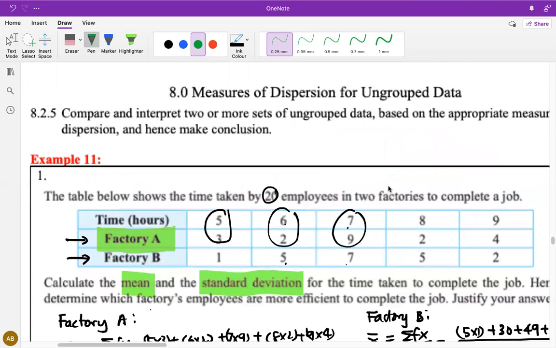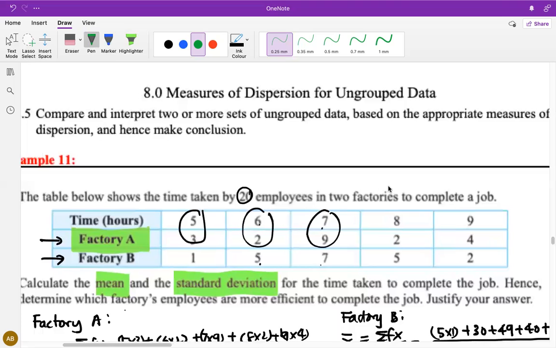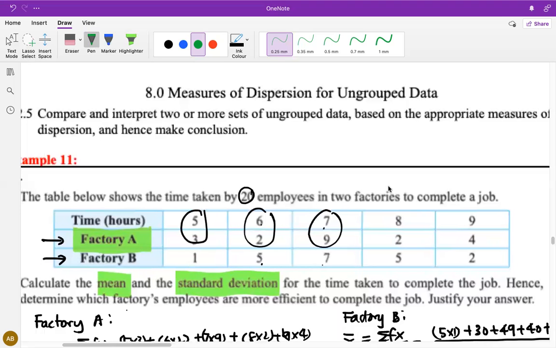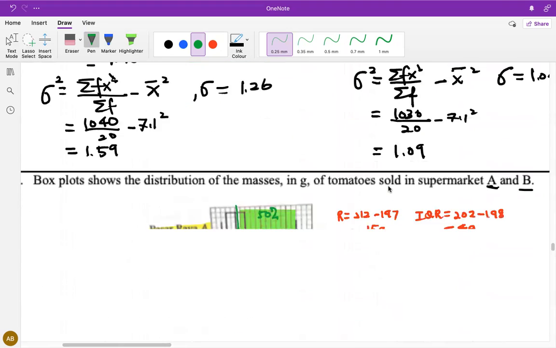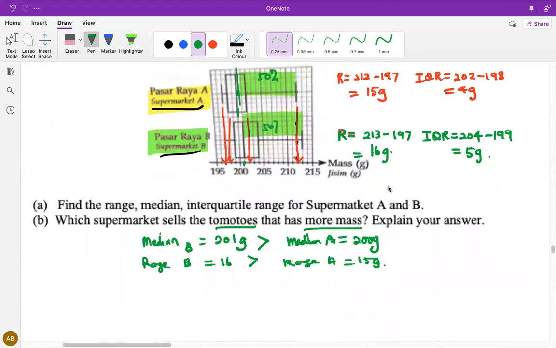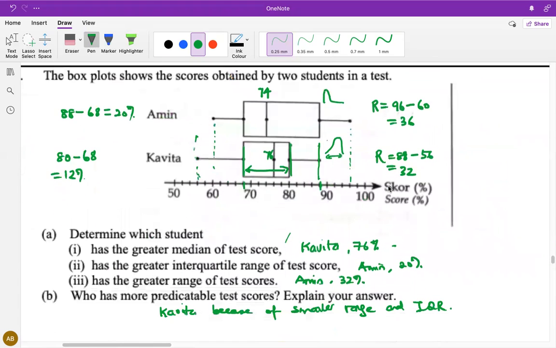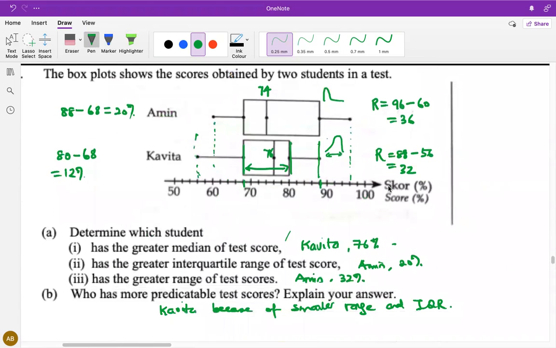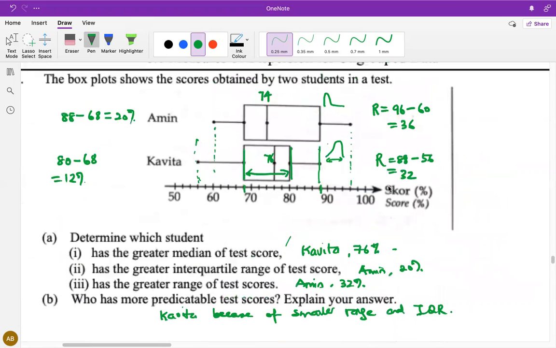Compare two or more sets of ungrouped data based on the appropriate measures of dispersion and hence make conclusion. So to summarize it, smaller standard deviation means more consistent, and also smaller range tells you about predictable or not predictable, right? Okay, smaller range, more predictable.